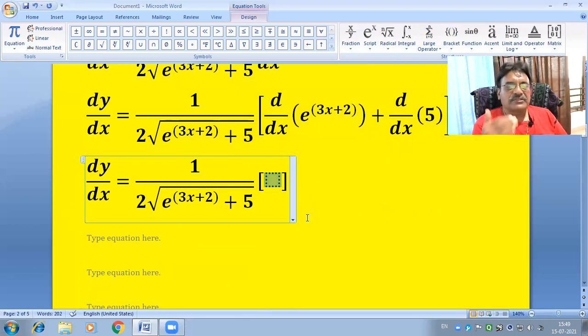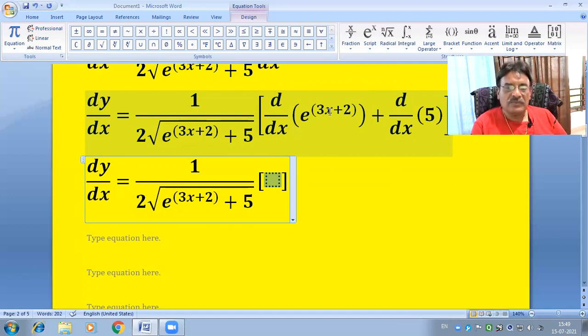Here we use the formula d/dx of e to the power f(x) is e to the power f(x) into f dash of x. Similarly, d/dx of e to the power 3x plus 2 is equal to e to the power 3x plus 2 into d/dx of 3x plus 2.